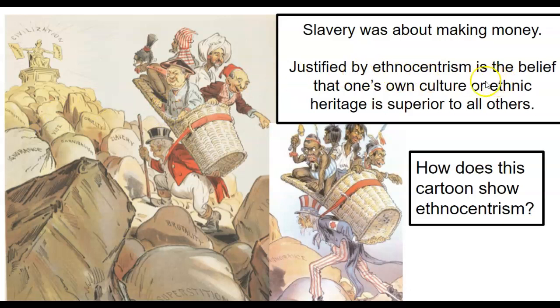It is the belief that one's own culture or ethnic heritage is superior to all others. This cartoon is done after the slave trade, probably a few hundred years afterwards, but it still has the same idea of ethnocentrism. What drives the slave trade is a way to make money. What justifies it is, hey, my culture, my ethnicity is better than yours.